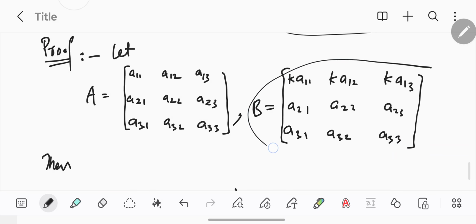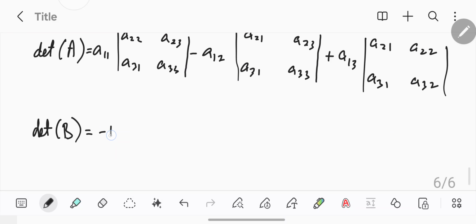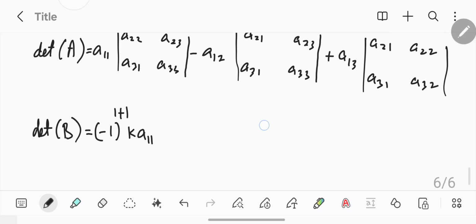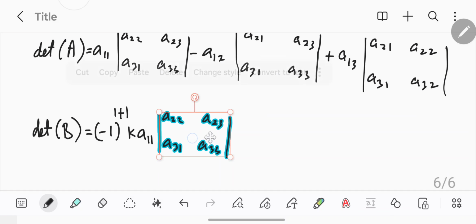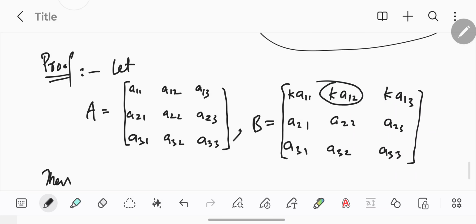Now let's check the determinant of this B. Let us expand the determinant of B by the first row. For the first row, I have negative 1 to the power 1 plus 1 times kA11. If I ignore this row and column, I will have this determinant, so I will write it here. Then I go to this element, A12, first row and second column.